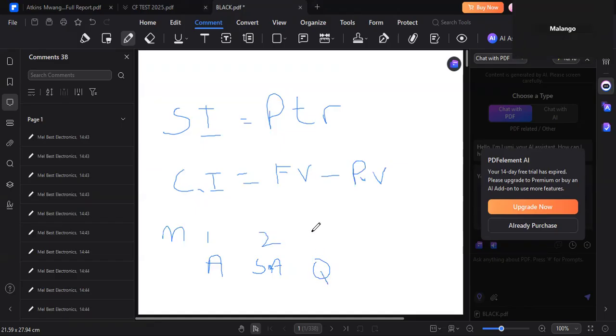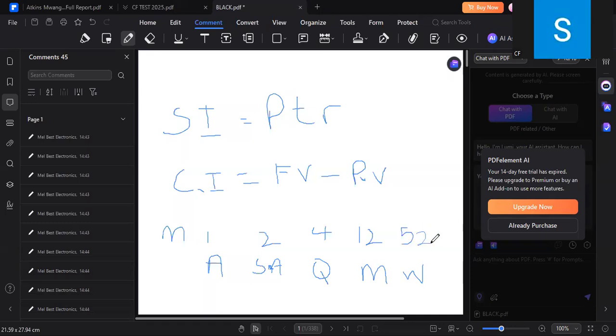It can be earned monthly. Monthly is how many times? 12 times. It can also be earned weekly. Weekly is how many times? 52 weeks, correct. And it can also be earned what? Daily.